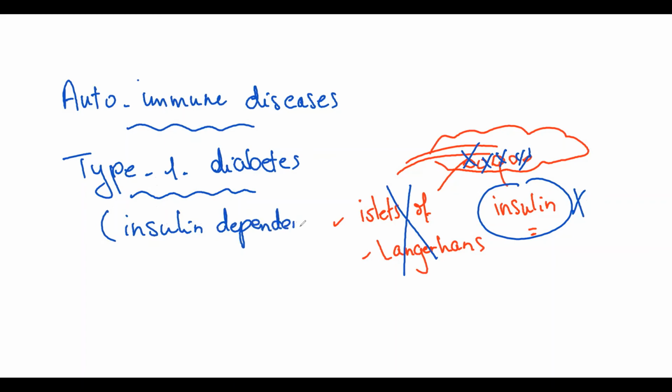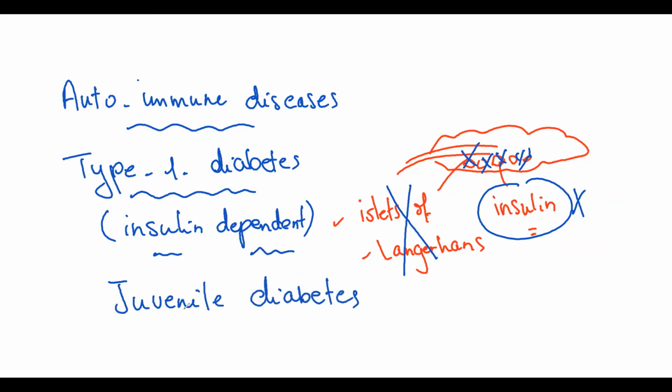But what does this mean? It means that they depend on insulin or artificial insulin to stay alive. This kind of disorder frequently appears in childhood. That's why we sometimes call it juvenile, of course juvenile means children, diabetes, or juvenile onset diabetes.